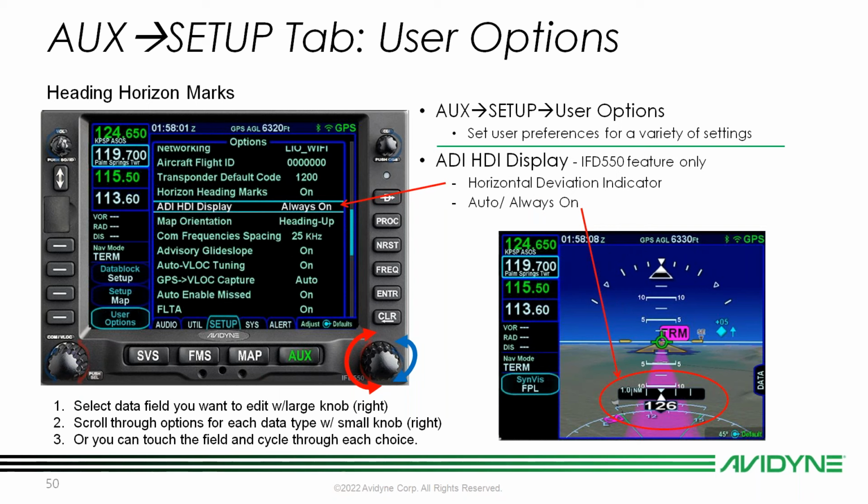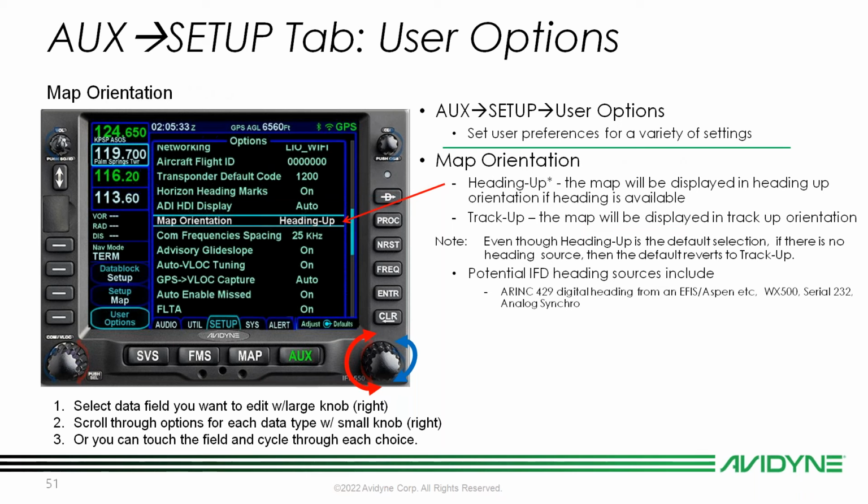We can set that to auto or always on. If we have it set to always on, it's going to be based off of your magenta line and where you are in relation to your active flight plan. If we have that set to auto, then it'll come up for the different approaches and things that we would see in ADI.